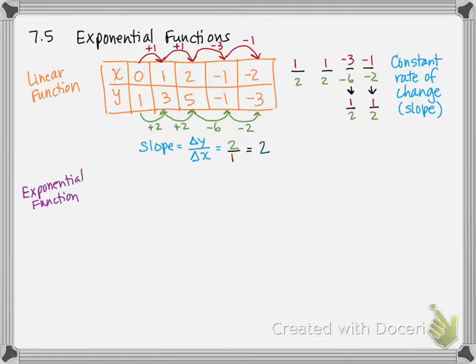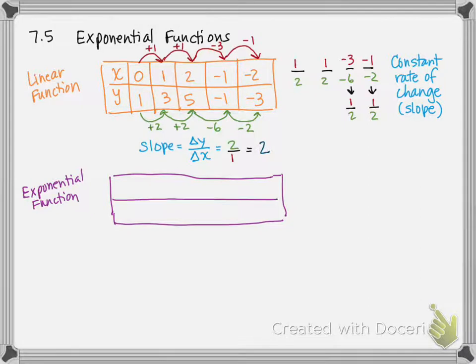So let's see, we've got the same sort of idea. We've got x, we've got y, and then we're going to go 1, 2, 3, 4, 5. Okay, so for x's we have 0, 5, 10, 15, 20.